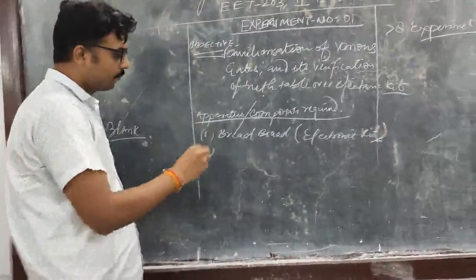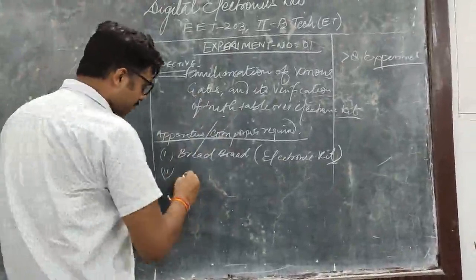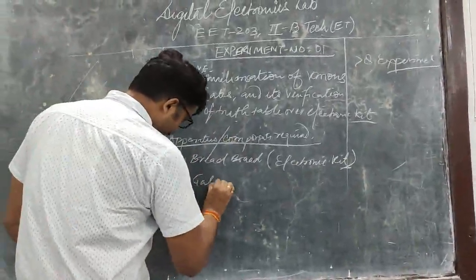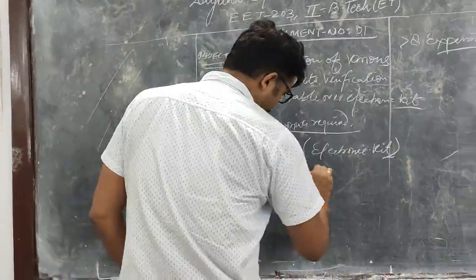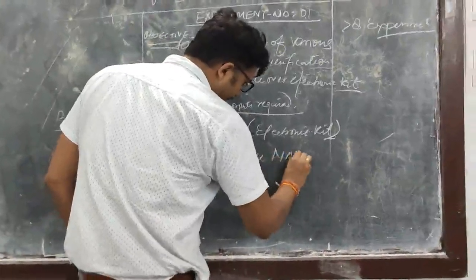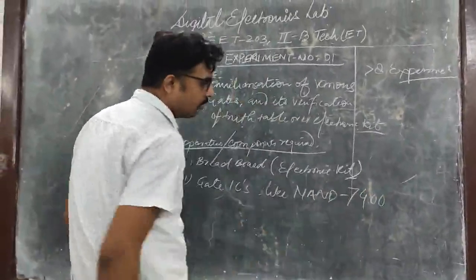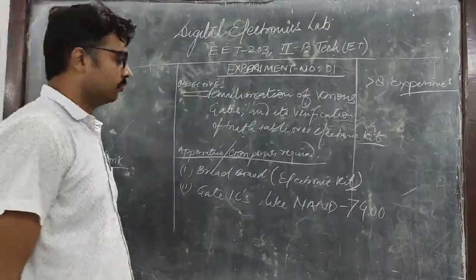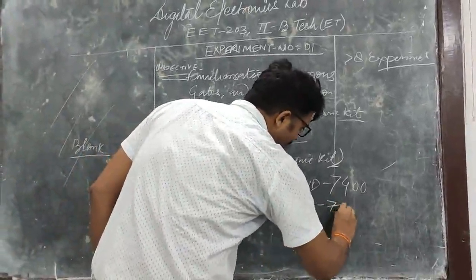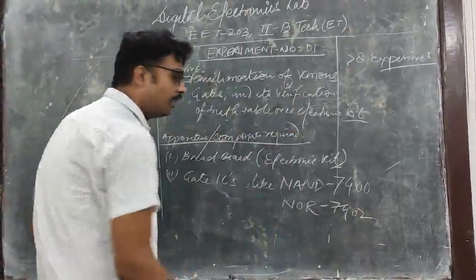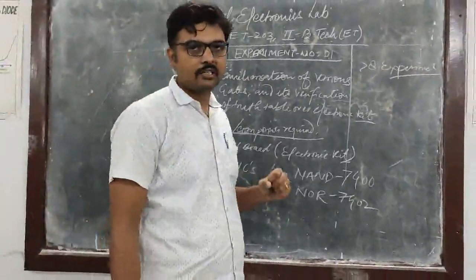Second, various gate ICs: for a NAND gate IC you will require IC number 7400, similarly for NOR, 7402, and likewise, as I told you yesterday, you have to use 7 ICs here.